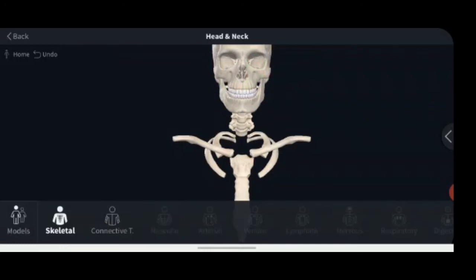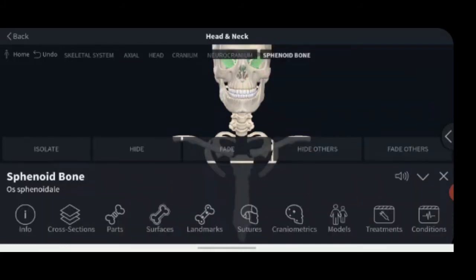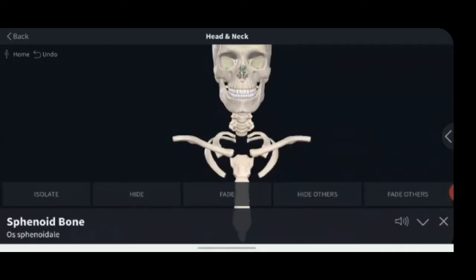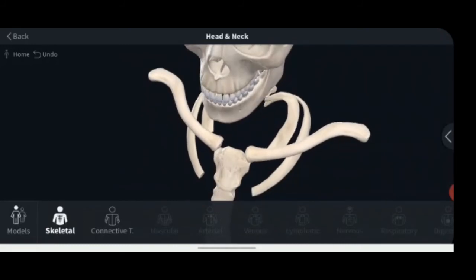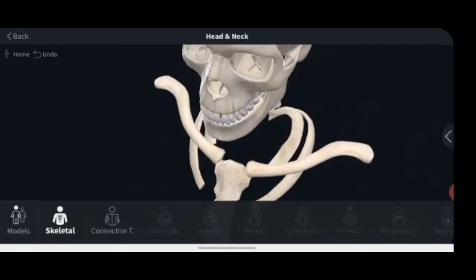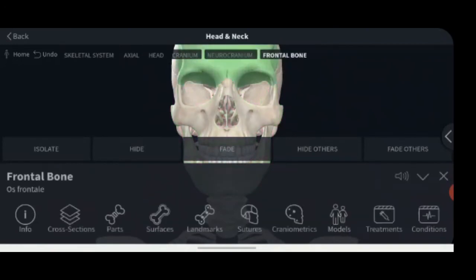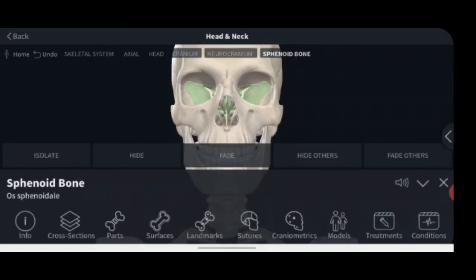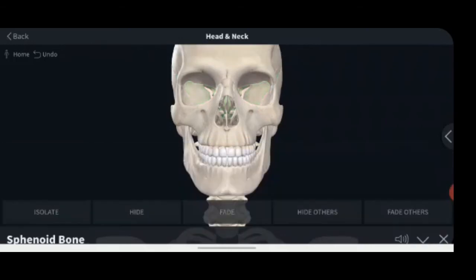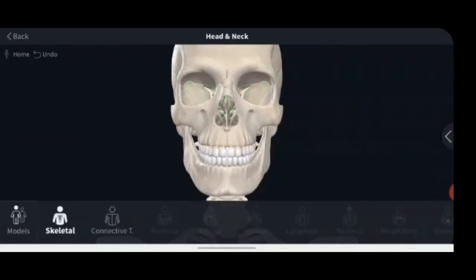Next to the nasal bones will be the lacrimal bones, then the zygomatic bone.